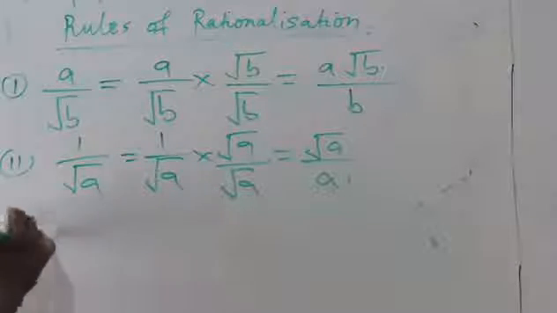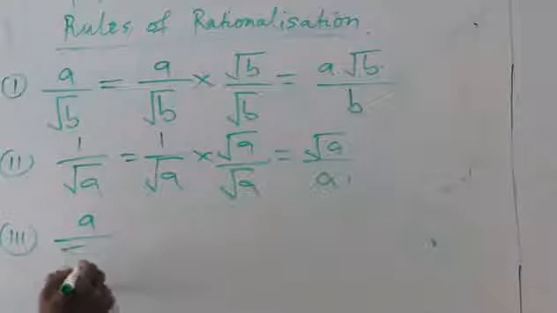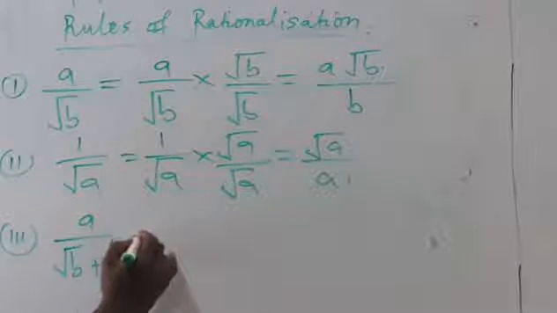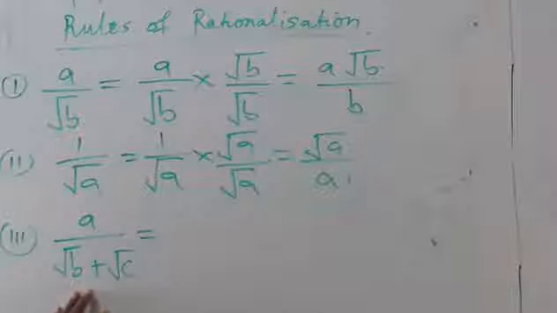Then the next one is A all over root B plus root C. In this form, we have a combined surd, which is root B plus root C. So to simplify this, we are going to rationalize. To rationalize, we multiply both numerator and denominator by the conjugate of the denominator. And what will be the conjugate of the denominator?